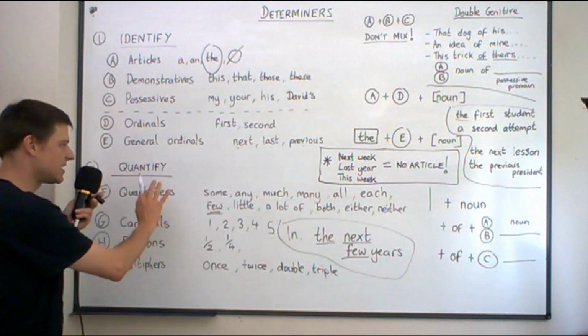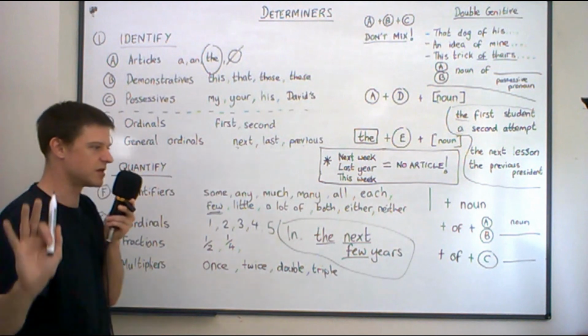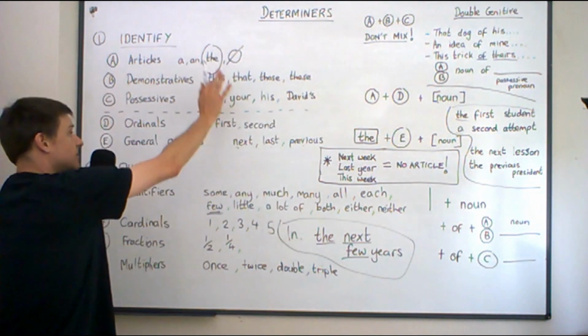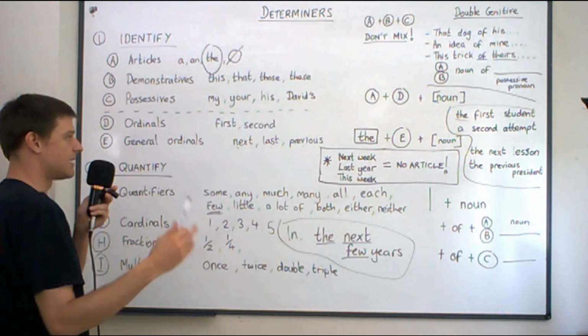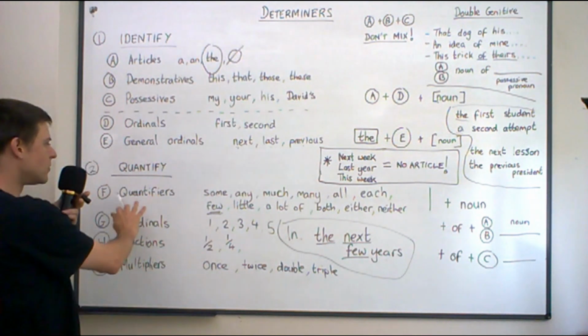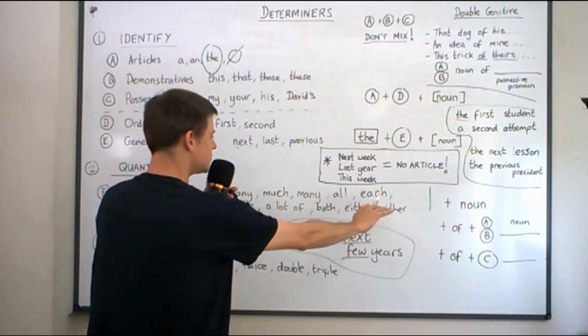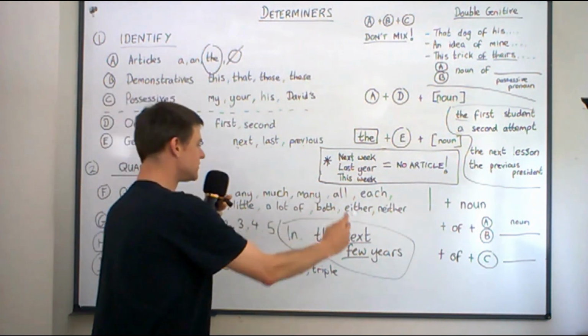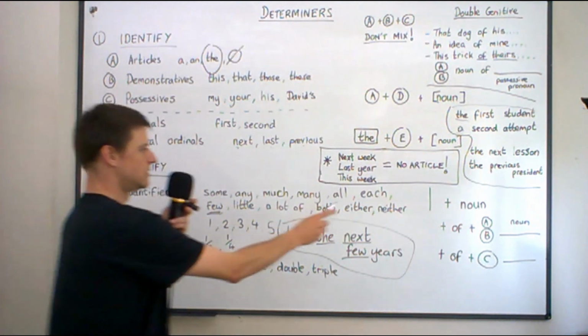Okay, now I'll just quickly mention the quantifying ones, but I'm going to go into these in more detail in the next lesson, and also look at some of these as well, the way they match up. But quantifiers: some, any, much, many, all, each, few, little, a lot of, well, we can use these with just the noun here.